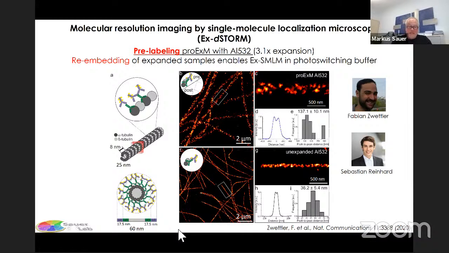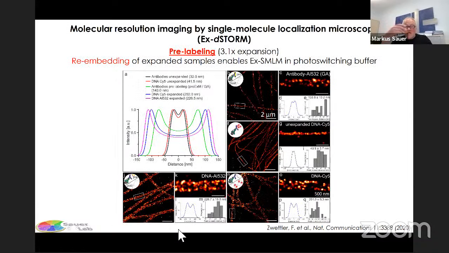Okay, re-embedding works. We tested this for different labeling methods. Always pre-labeling, labeling with an oligonucleotide-labeled antibody, and then after expansion, adding a complementary short dye-carrying oligonucleotide and things like that.